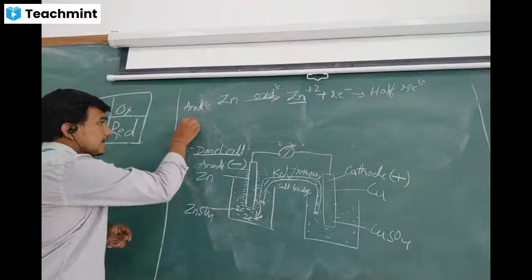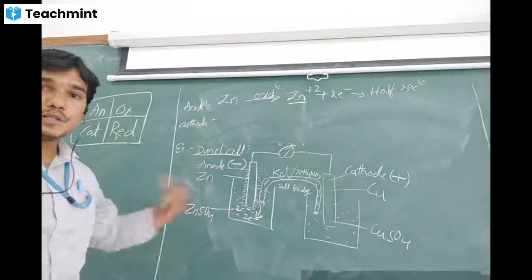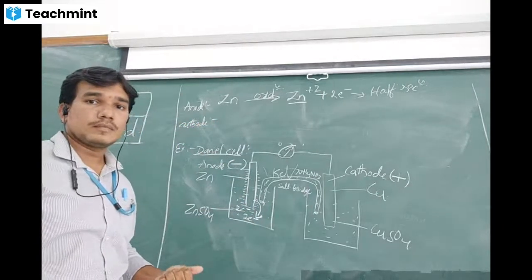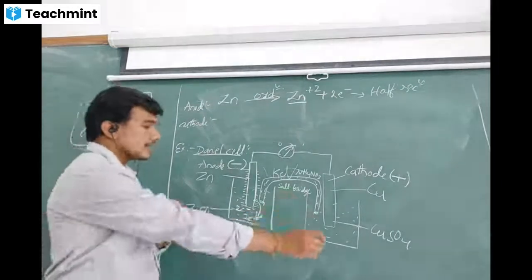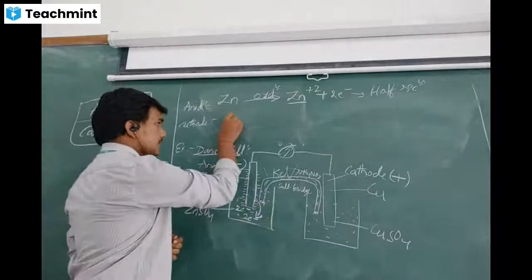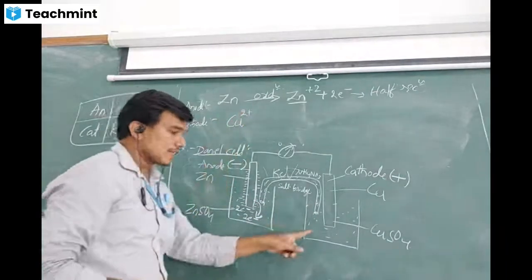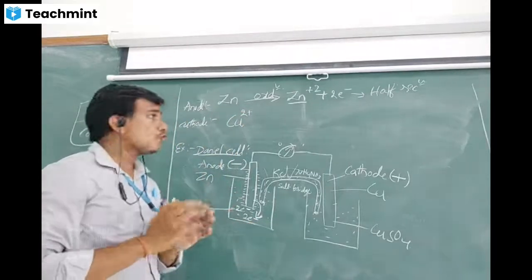Okay. At the cathode, which one is going to reduce? Copper or copper ions? Copper ions, yes, Cu2 plus. Copper sulfate is in the form of Cu 2 plus, SO4 2 minus.